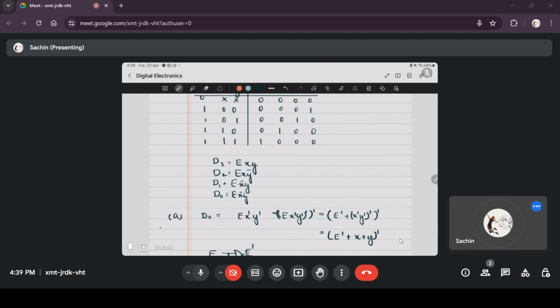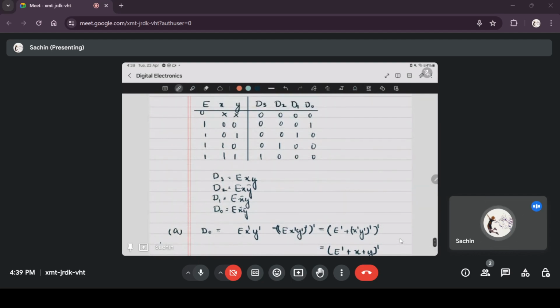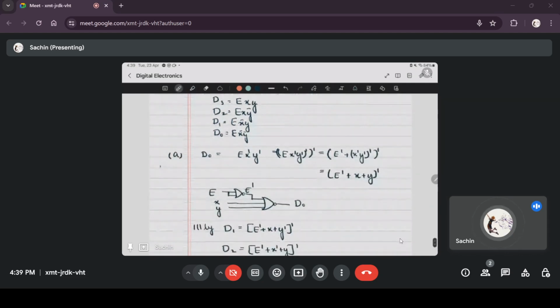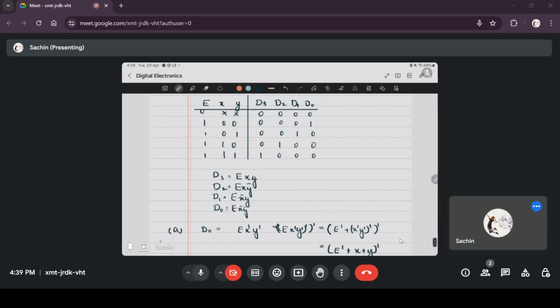But if you don't consider the enable pin, then each of the AND gates needs to be a two-input AND gate here. That is for the 2-to-4 decoder. Suppose you had a 3-to-8 decoder, then you need 8 different outputs, and each of the outputs would need either a 3-input AND gate or two-input AND gates.